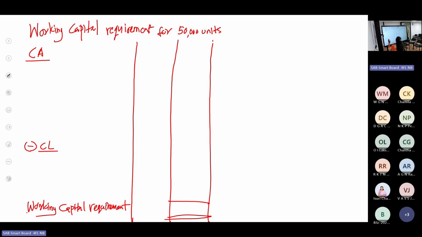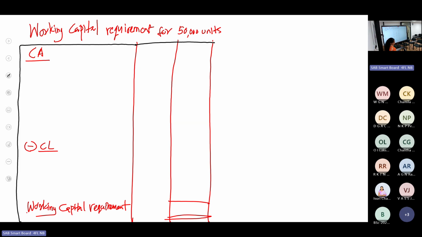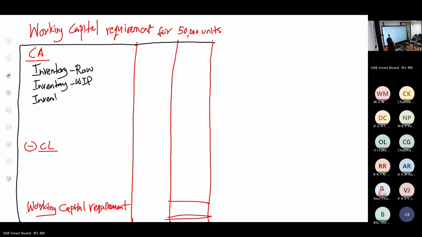Current assets. As per the question, what are the items coming under current assets? If you are producing 50,000 units, you have to identify how many current assets and how many current liabilities should be there, right? First, as usual, inventory. There might be raw material inventory, WIP, and FG, finished goods.